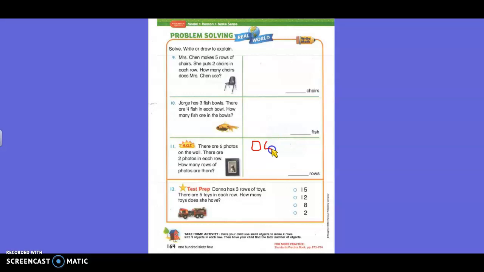Okay, so here's one row. If there's 6 photos, I'm going to do another row of 2, right? And I'm going to do another row of 2 to make 6. There are 6 photos, and there are 2 photos in each row. How many rows are there? Now you guys can find that answer.